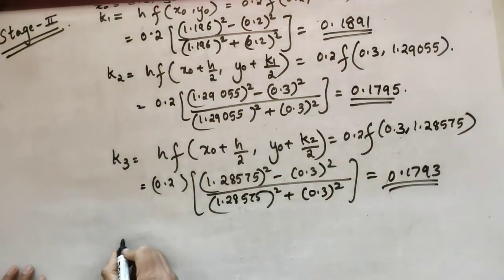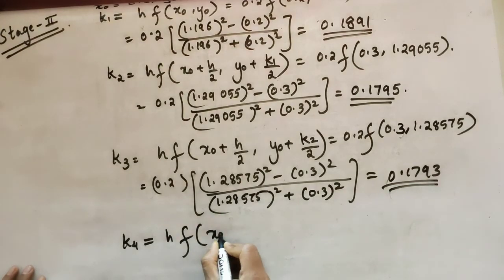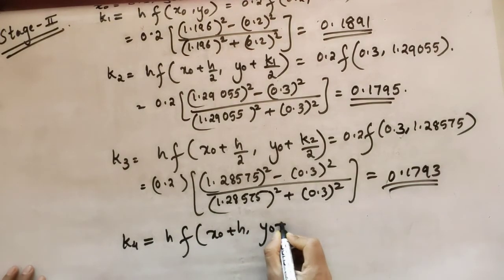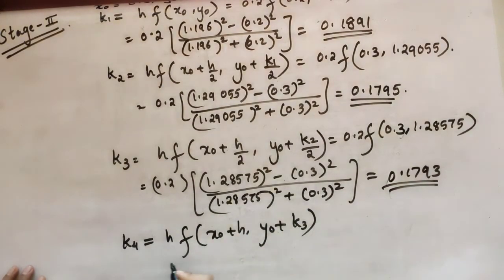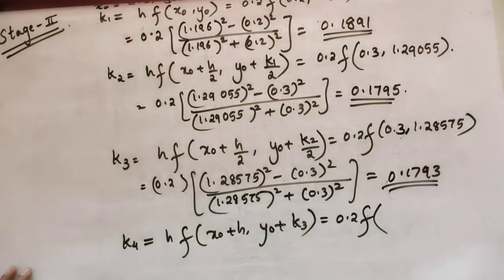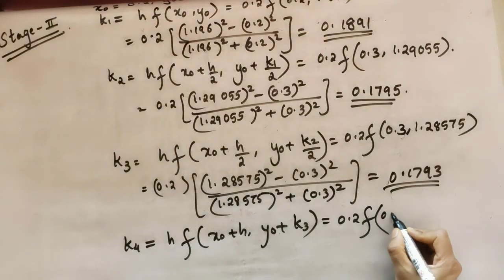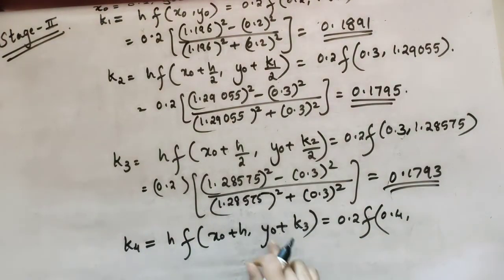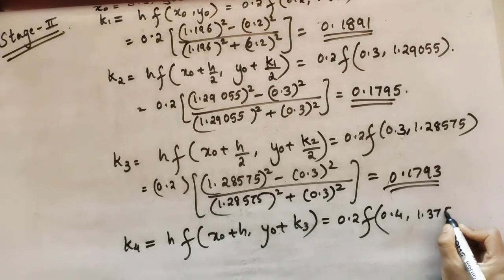Now K4. h times f of x naught plus h, y naught plus K3. So it is 0.2. This time x naught is 0.2, h is also 0.2, so it becomes 0.4. y naught is 1.196, and add K3 to this, you must get 1.3753.